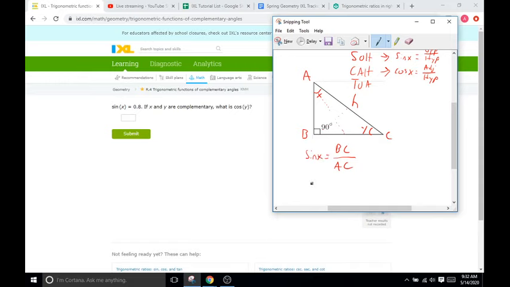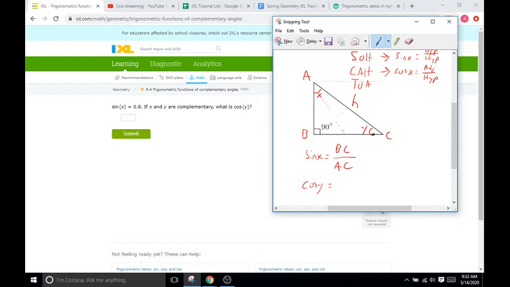Now let's do cosine of y, because it's asking for what cosine of y is. Remember, one angle is x, one angle is y. They're going to add up to 90. So we'll go to y, and cosine is going to be adjacent over the hypotenuse. Adjacent means the side that is next to or intersecting with this angle right here.